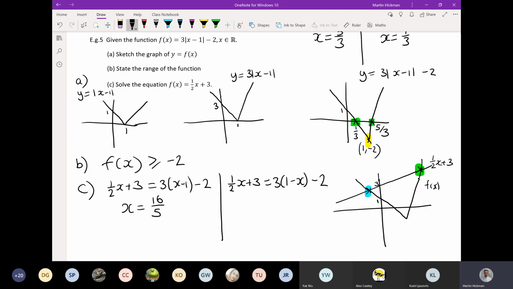When we solve that, we're going to get x equals minus 4 over 7. And those are your two solutions. It makes sense looking at your graph: you've got a positive one there for the green one, and you've got a negative one there for what's in blue.